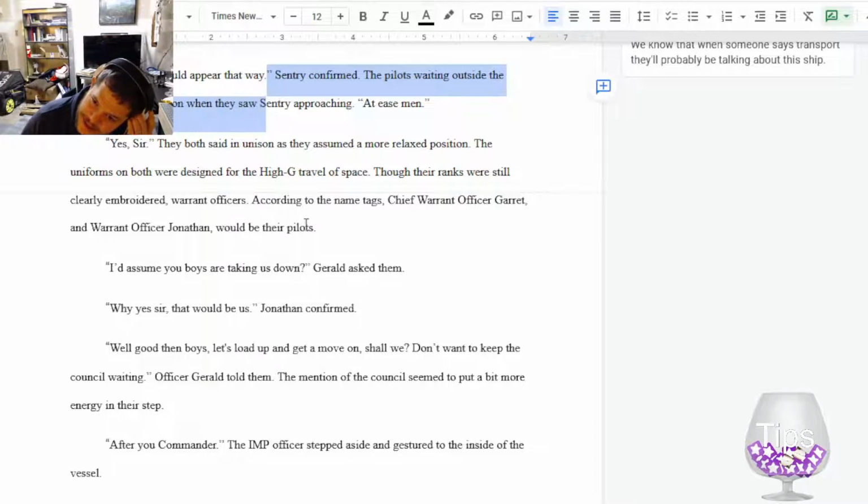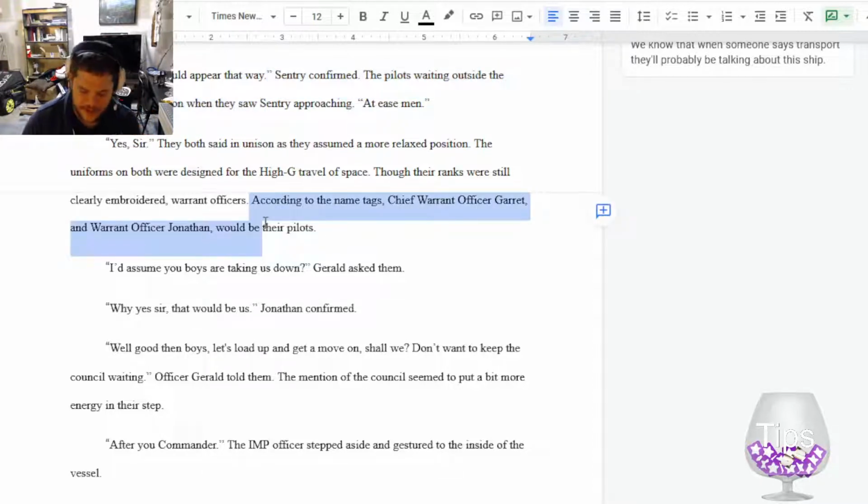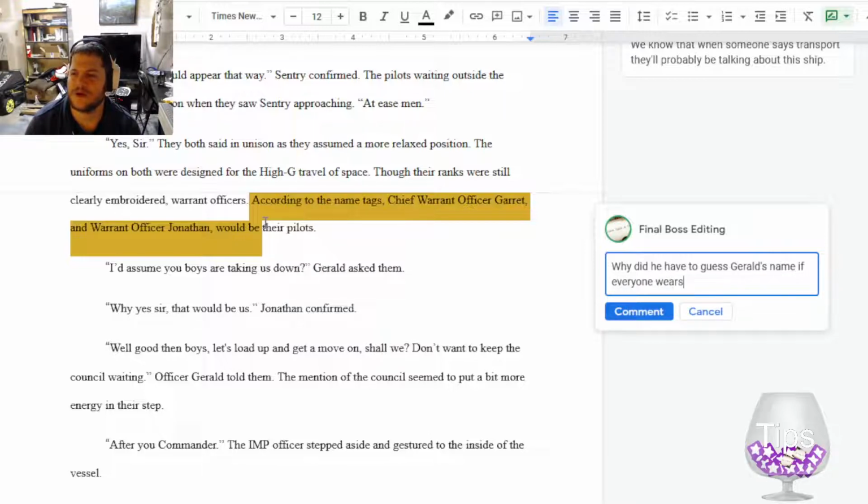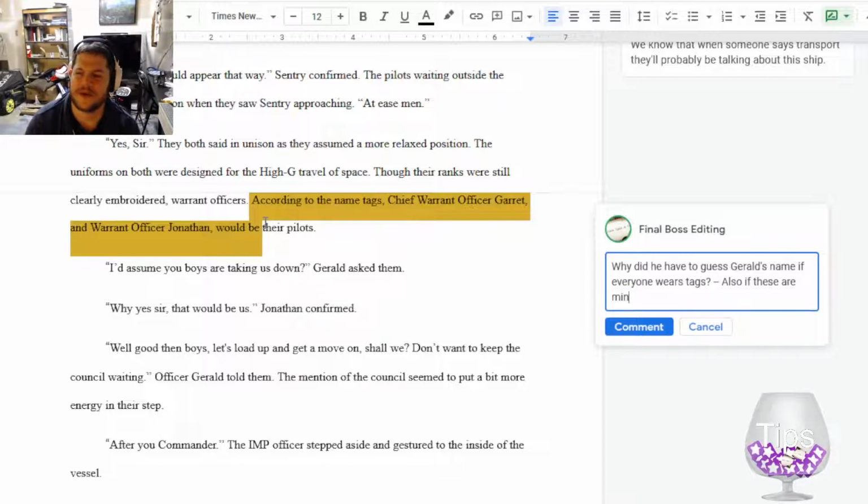So then why did he have to guess Gerald's name if the other people have name tags? If everyone wears tags. Also, if these are minor characters, there's no need to name them.